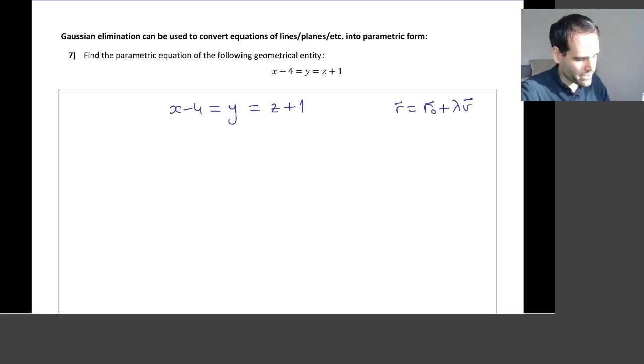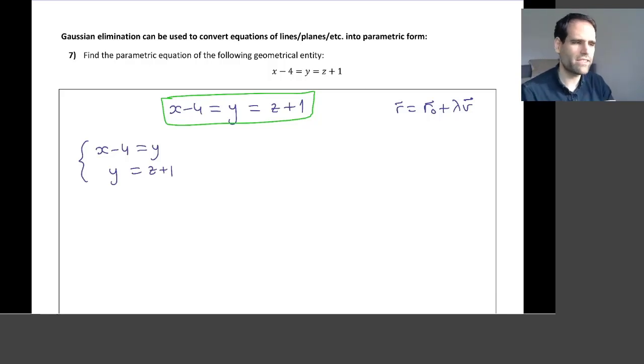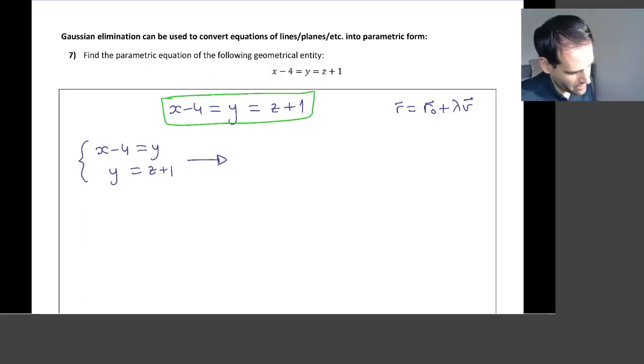Alternatively, we can interpret this as being two separate equations. Basically we have x minus 4 equals y and y equals z plus 1. So those are two different equations. This is a system of equations where the unknowns are x, y, and z. So why not interpret it in this way? Let's write it in the form we are used to for a linear system of equations.